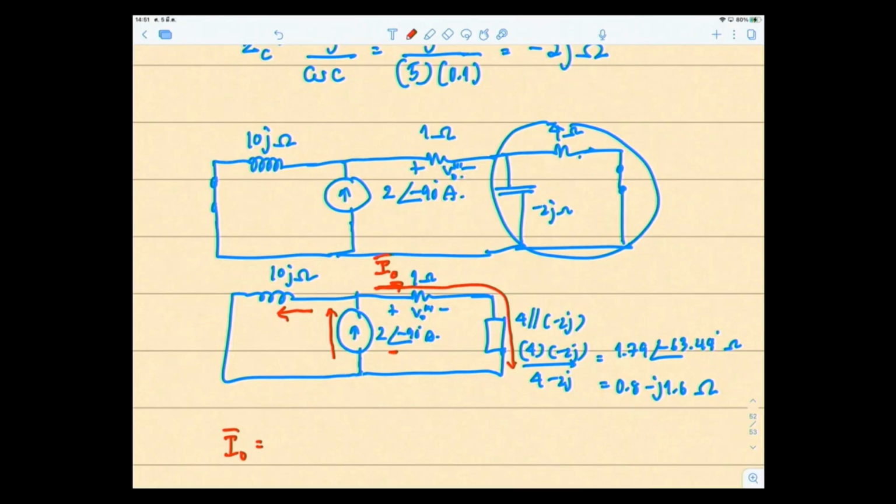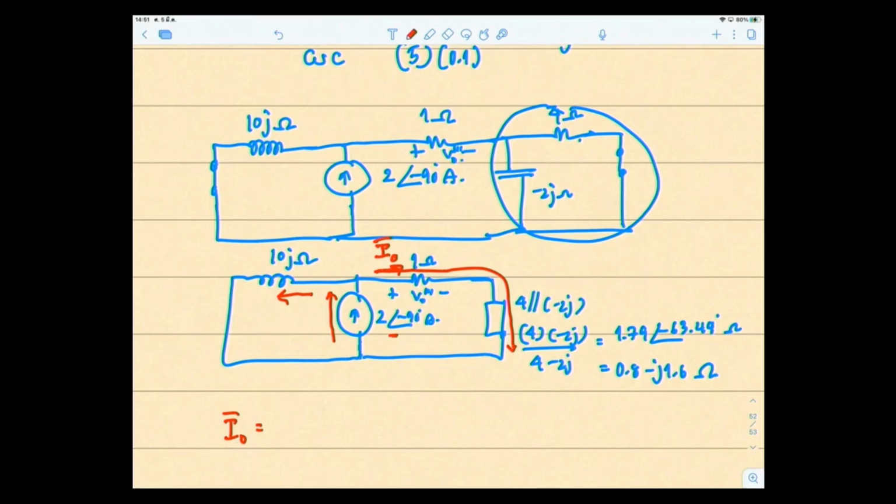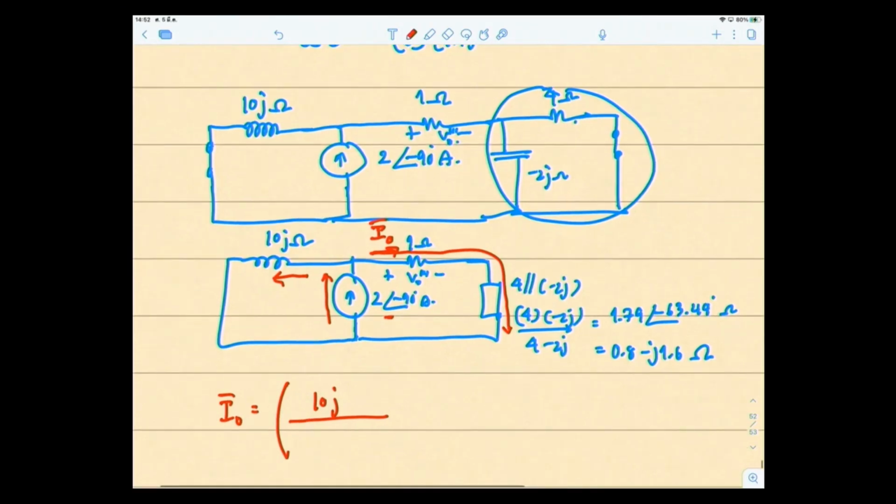The shortcut formula is I out equal to the impedance of the other branch, 10j, divided by the sum of the elements in the 2 branches and how they're connected. So it's 10j plus, in this branch, 1 ohm in series with 0.8 minus j1.6, multiplied by 2 angle minus 90 degrees amps.